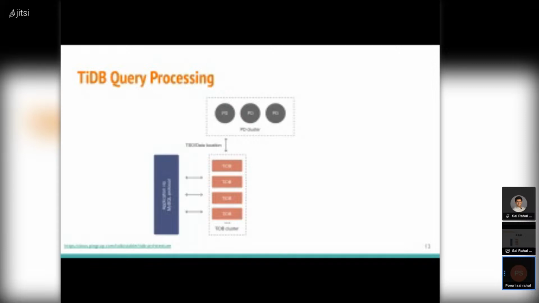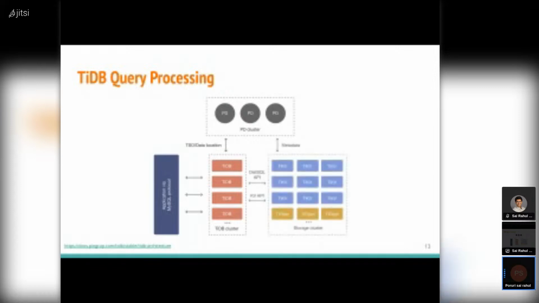Once TiDB receives this information, it converts this SQL query into the distributed SQL API, and then it talks to TiKV wherever the data is, right? So if TiDB knows that the data is on TiKV 4 or 5, it creates specific queries for TiKV 4 and 5, and then fires them with this distributed SQL API.